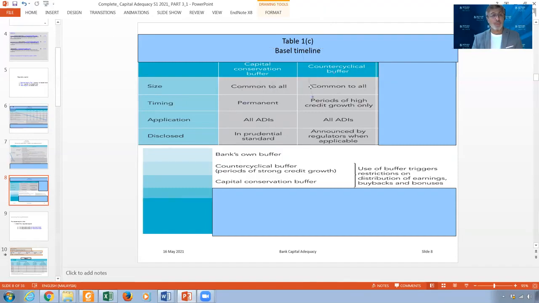So these are the two buffers. I want you to understand it and to know it. This one is already permanent. This is only in periods of high credit growth, and it has to be announced by regulators. This one is already in standard, which means it applies, it's common and it's in effect. This one is only when it is requested, as I said, during those high volatility times.